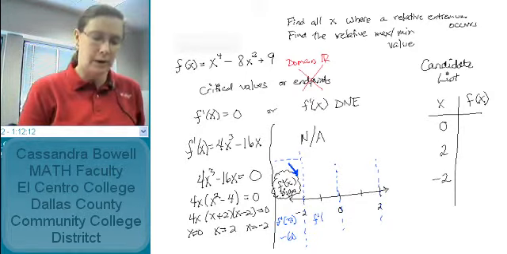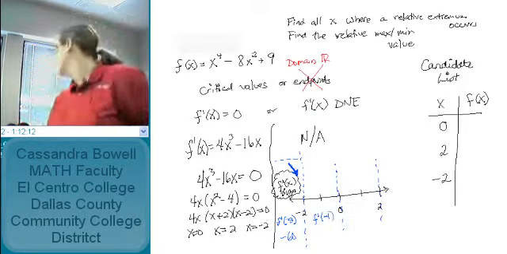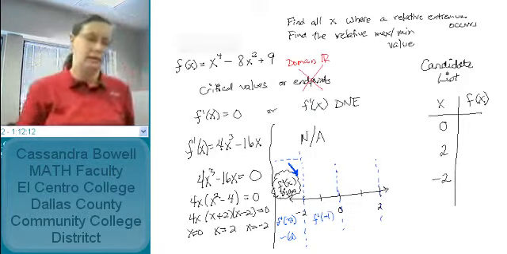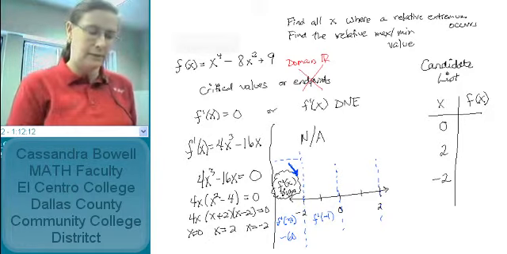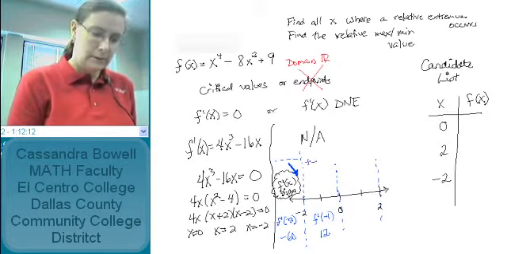Oh, how about -1? Sorry, because that's going from left to right. So how about -1? That will actually be a positive value. It comes out to be positive 12. So it's positive, so it's going up there.